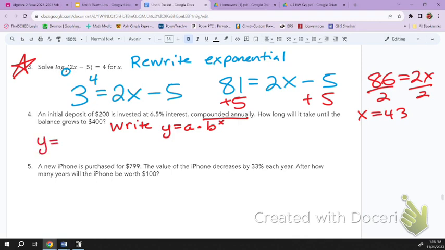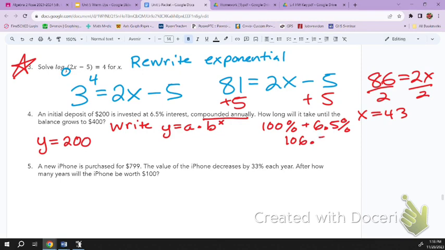What's my y-intercept or my a value? 200. Is my money growing or decaying? Growing, so I have to do 100% plus 6.5%.